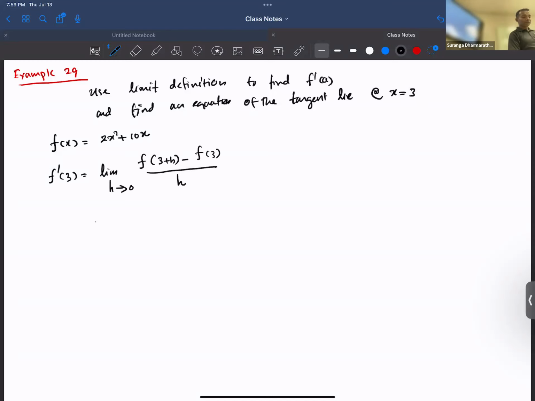Now what are we doing? We are substituting these values into the function, right? So what is that? The limit as h goes to 0. What is f of 3 plus h? 2 times 3 plus h squared, right? Plus 10 times 3 plus h.